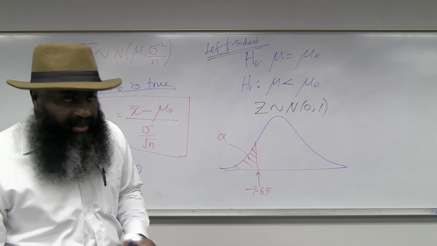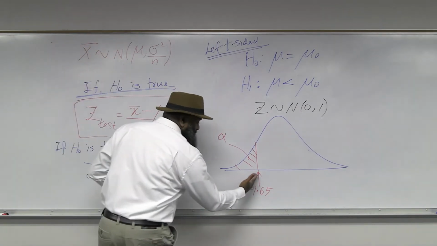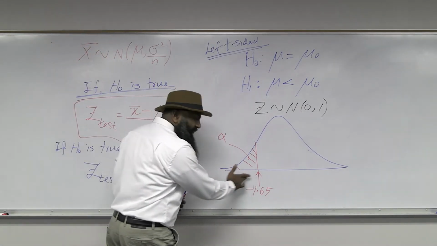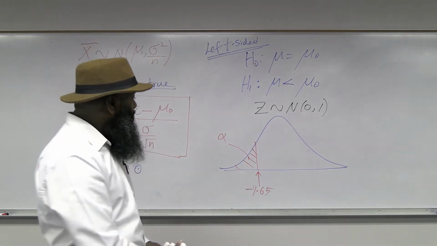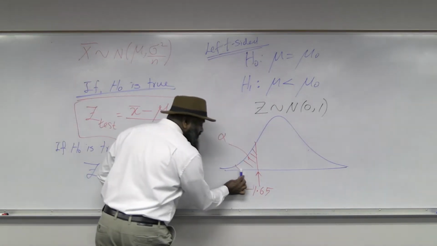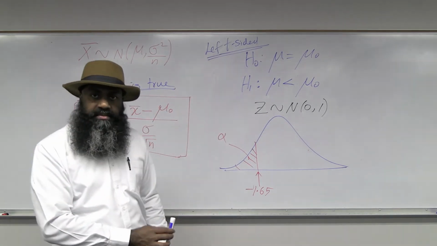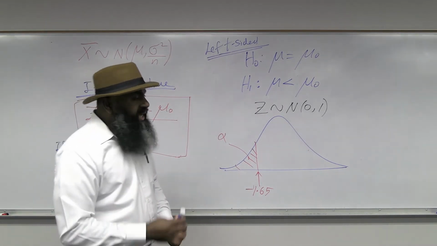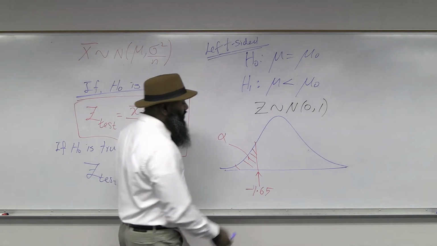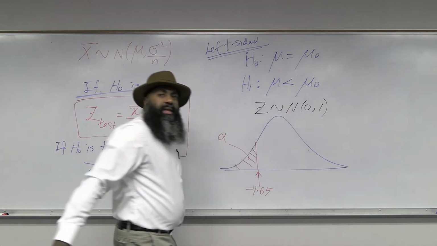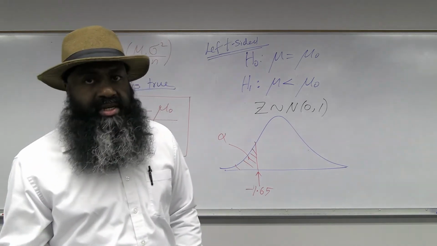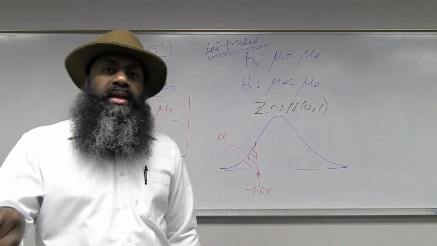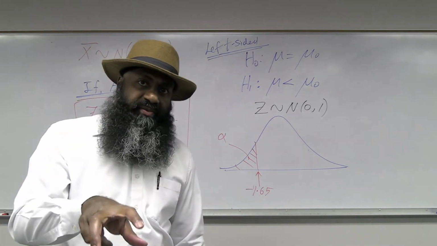Just like earlier, the shaded region is called the rejection region. If your calculated test statistic lands in the rejection region, you reject your null hypothesis. If the calculated test statistic is in the white interval, we accept the null hypothesis. The interpretation will be decided accordingly for the alternative.